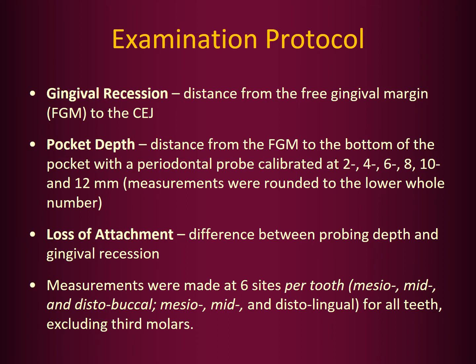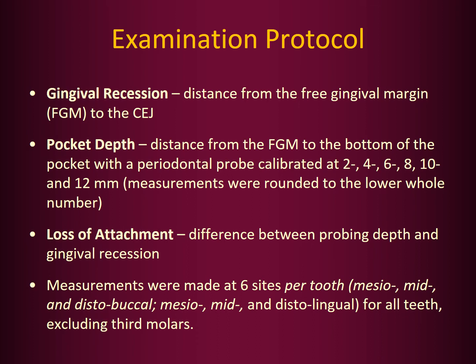Then loss of attachment was essentially a calculated value of the difference between probing and recession. Now, the measurements in this particular survey are a departure from the previous surveys that were done, and you'll read in your textbook they talk about other NHANES surveys. But this particular NHANES survey, which is not included in your textbook because it's too recent, measured 6 sites on each tooth.